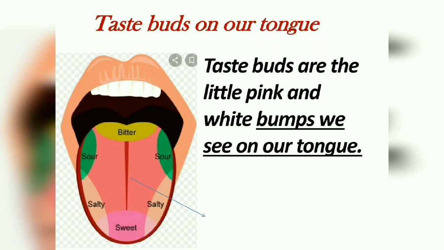In the picture, you can see there are 5 specific regions for the 5 tastes. The front one is for sweet, then along the sides, second comes salty, followed by sour, and at the end the bitter one. The central part, which is pink in color, is for the savory taste.